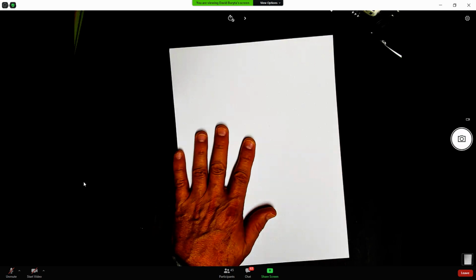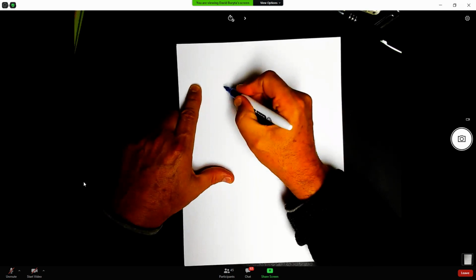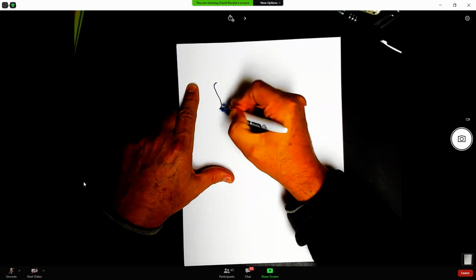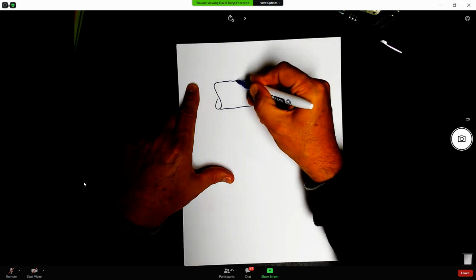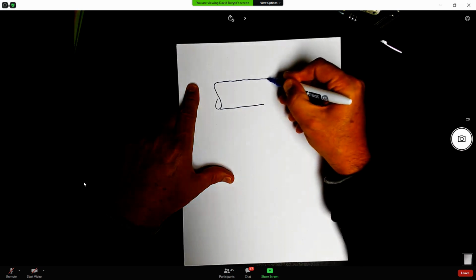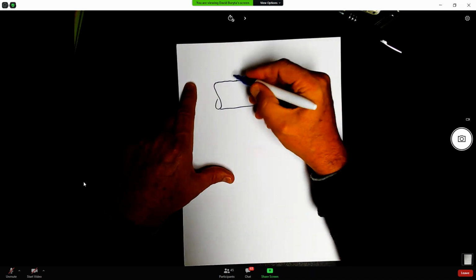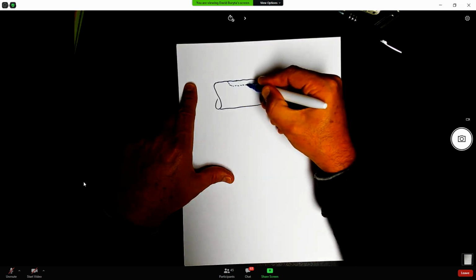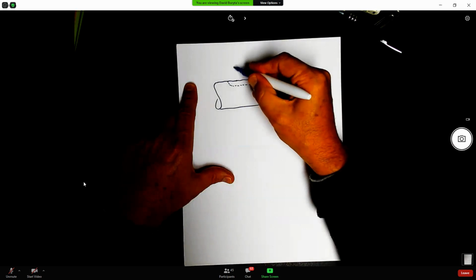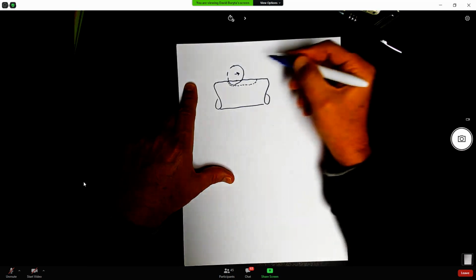Can everyone see that okay? Right. If you look at, let's say we have a shaft like this, and we put a sled runner keyway, it would look like this because it's cut with a horizontal milling machine with a round cutter like this.